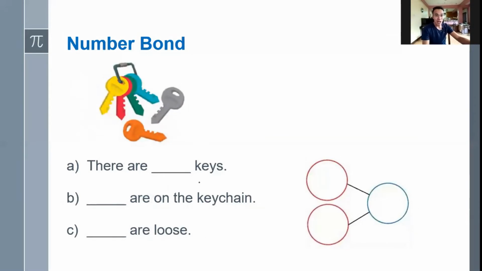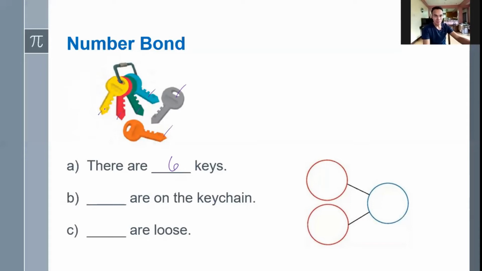Next, how many keys are there in the picture? Let's count. 1, 2, 3, 4, 5, 6. There are 6 keys in the picture. How many keys are on the keychain?